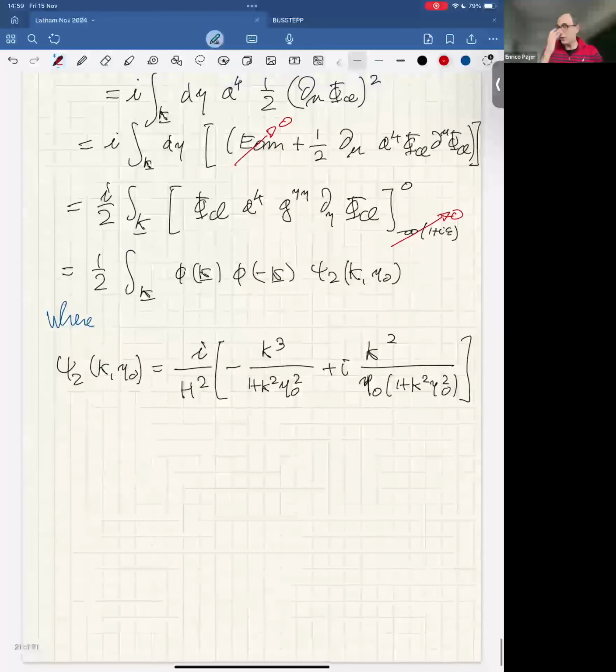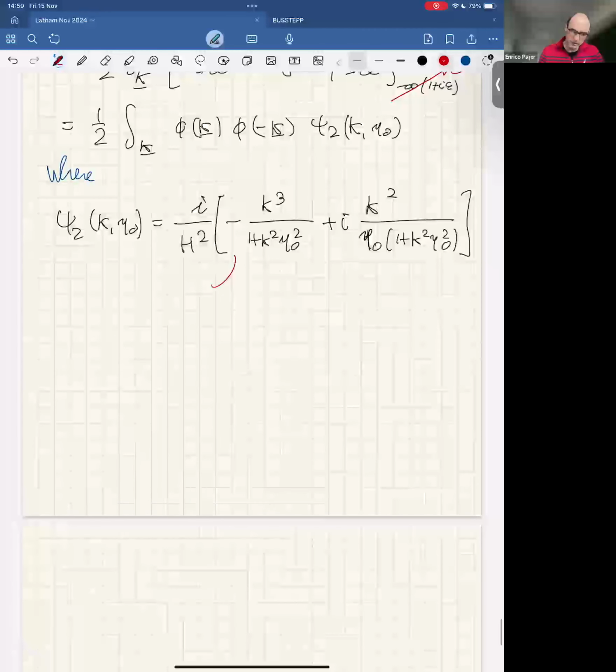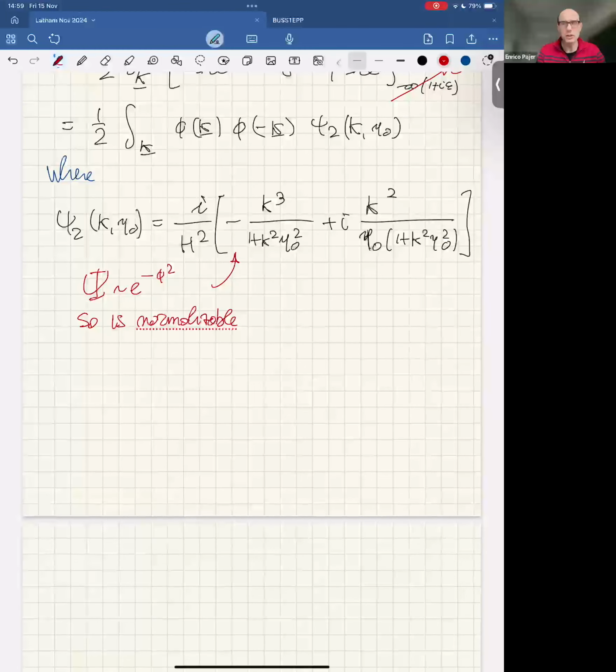Good. So does the wave function look good? Yes. First of all, you see this minus sign here is crucial. It means that psi goes like e to the minus phi squared, and so it's normalizable, like a harmonic oscillator. If it went like e to the plus phi squared, that would be a problem.